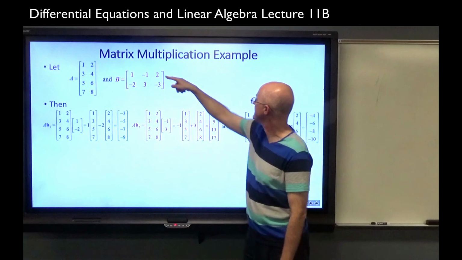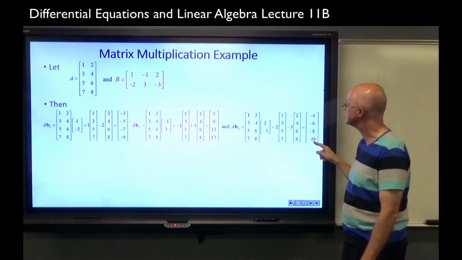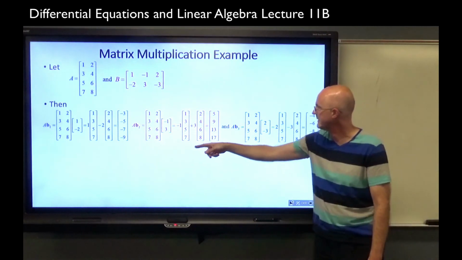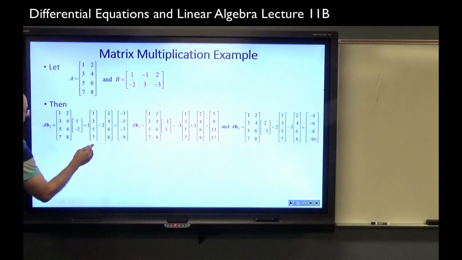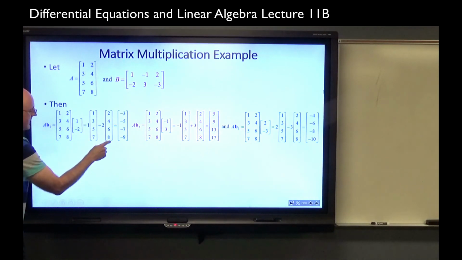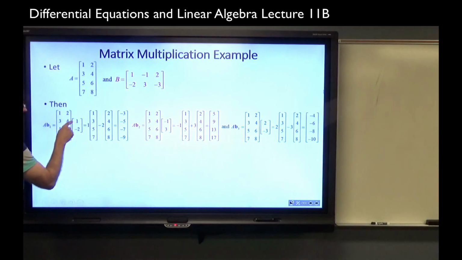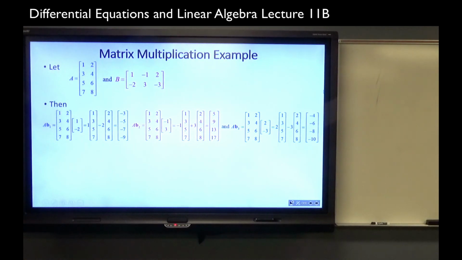And B3 is the third column of B, 2, negative 3, and the product gives you this. Notice I'm writing these things as linear combinations of the columns of A. Like right here, 1, 3, 5, 7, 2, 4, 6, 8 are the vectors you see here and here. The 1 and the negative 2 are the weights that come from this vector right there. Take the time to check all this. Hopefully I did not make a mistake.